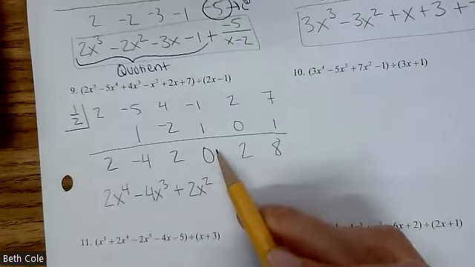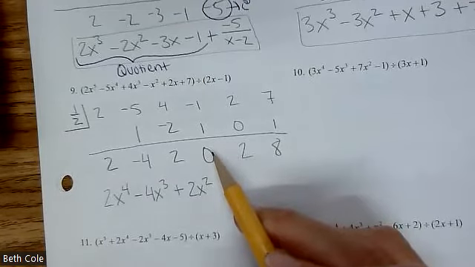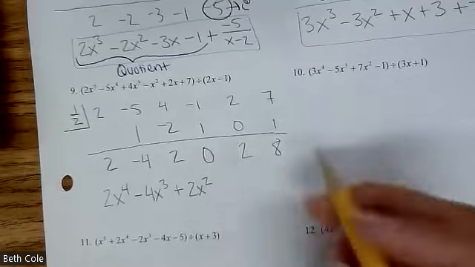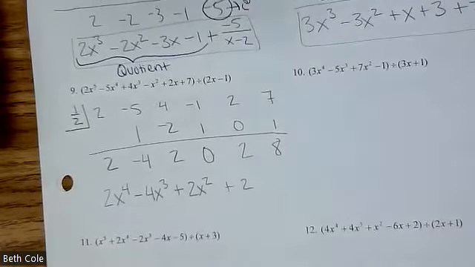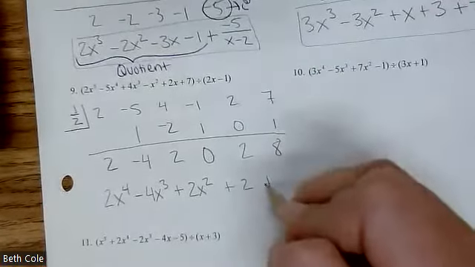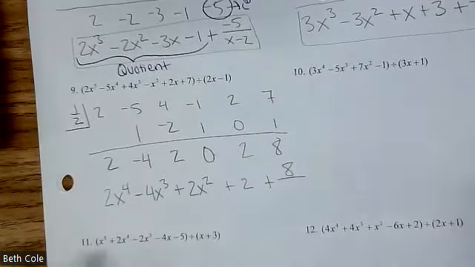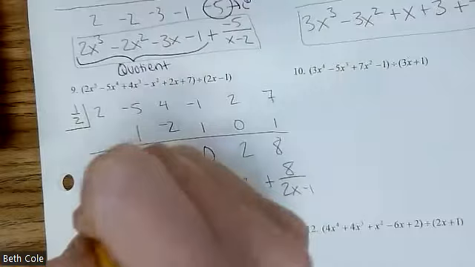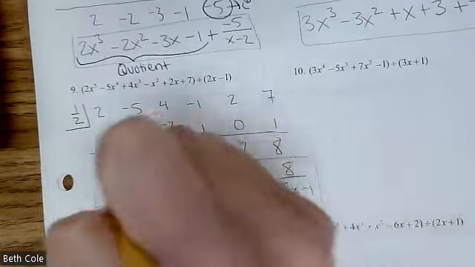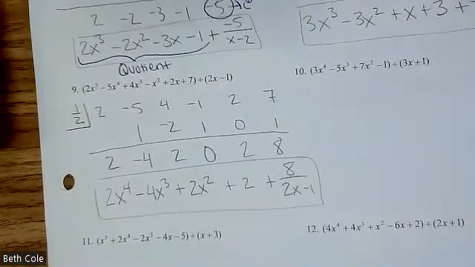You can write plus 0x if you want, which is kind of funny because it looks like ox as well. I'm just going to skip it though. No x's, plus 2. And then your remainder goes over the divisor, which is what part? The 2x minus 1.